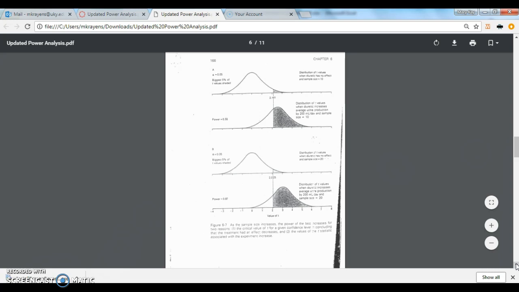But given that smaller critical value, now we have 87% of the possible T values to the right of that critical value, which indicates a power of 87% compared to 55% with a sample size of 10. So doubling the sample size for both groups had the effect of increasing the power from 55 to 87%.